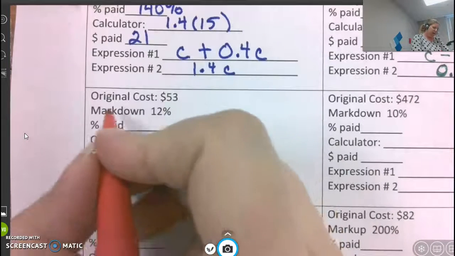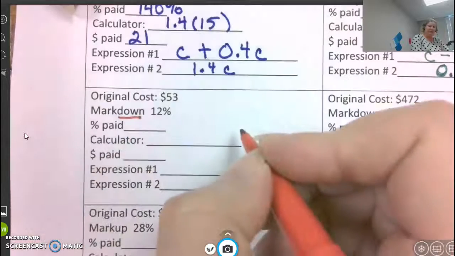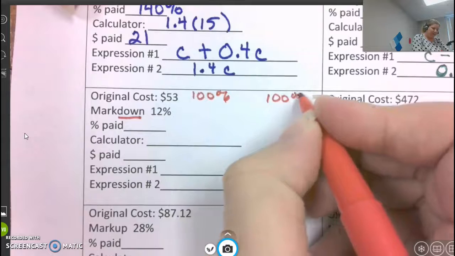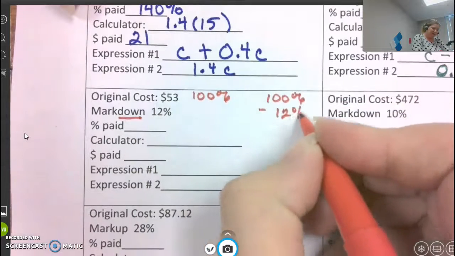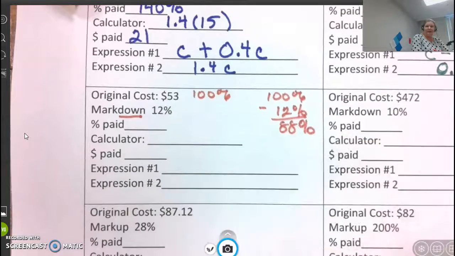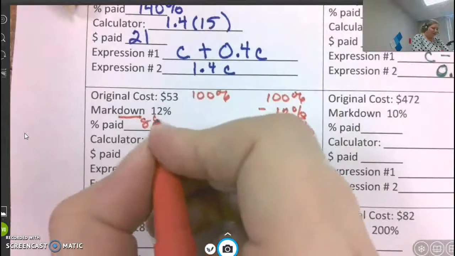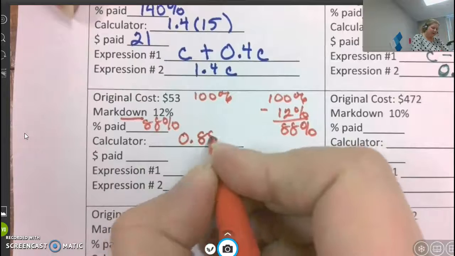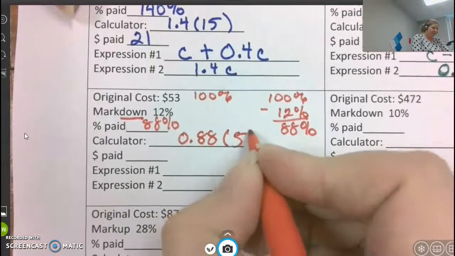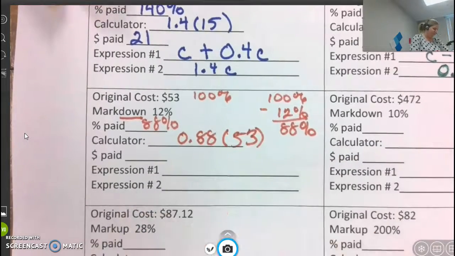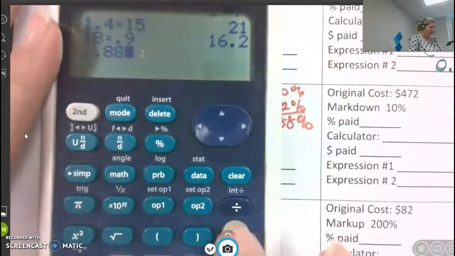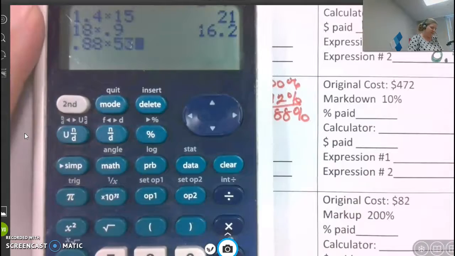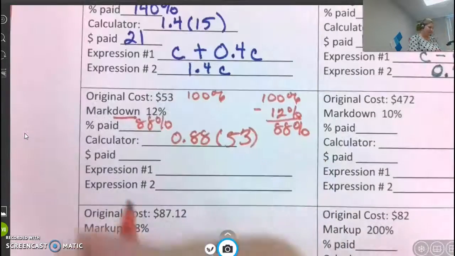Okay, this is a markdown, which means I'm going to subtract. This is 100%, so I'm going to do 100% minus 12%, which leaves 88%. That is the percent that I will pay. So the most efficient way to do this on the calculator is to find 88% of $53. 88% times $53, $46.64.